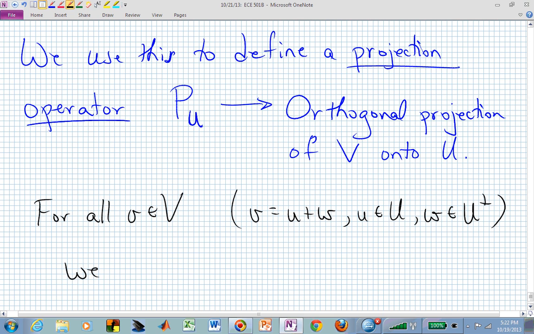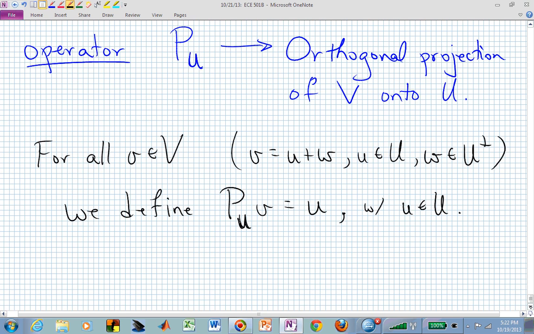Then we define the projection operator P sub U of v to be the component of the vector v that lies in the subspace U, with little u an element of U.